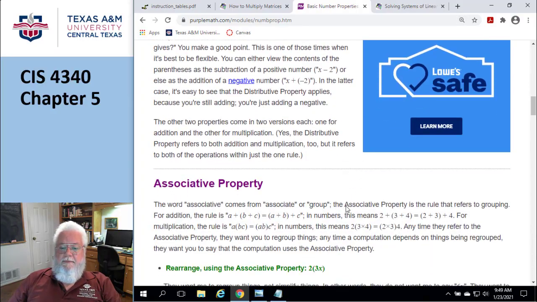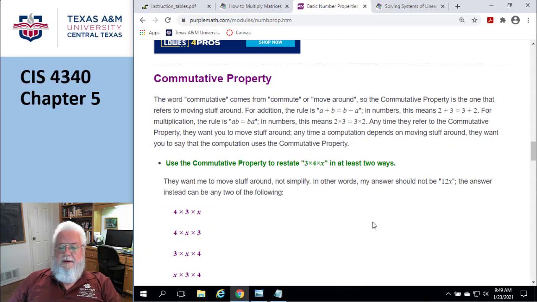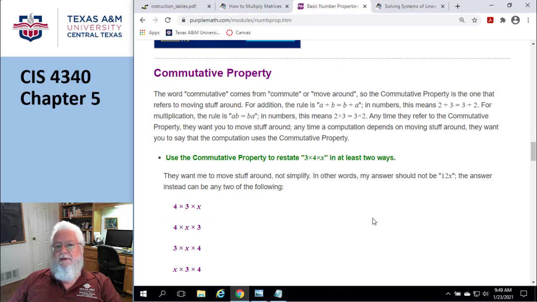Cool. Associative property basically means I can take this and split it apart. And then commutative property means I don't have to worry about the order. That 2 times 3 is the same as 3 times 2. Okay? Now, having said all that, now that you know what those terms mean, does commutative property apply to matrix multiplication?